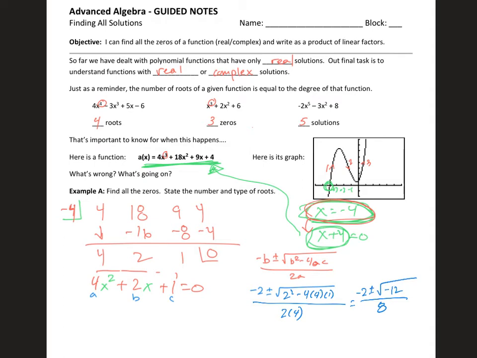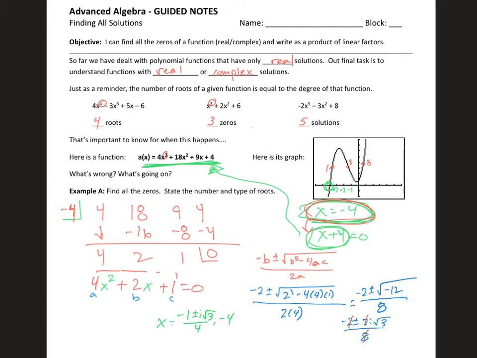If I were to simplify the radical inside, this would be negative 2 plus or minus 2i root 3 over 8. And then the last thing that I will do is I can divide out a 2 from each one of those terms. So my final answer would be negative 1 plus or minus i root 3 over 4. Okay? And I have negative 4.